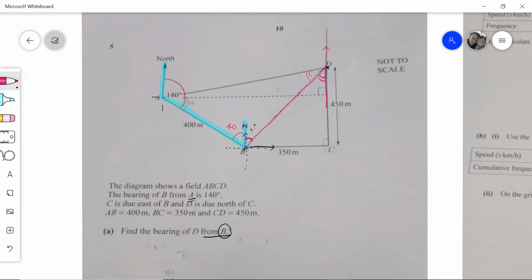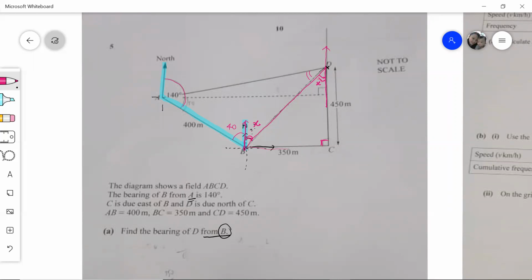So this is the bearing that we want to find, and let's call it x. Therefore this is also x because of the characteristic of the parallel lines and the angle formed between the two parallel lines. What we have over here is a right angle triangle, because D is due north of C, which means it's 90 degrees here.